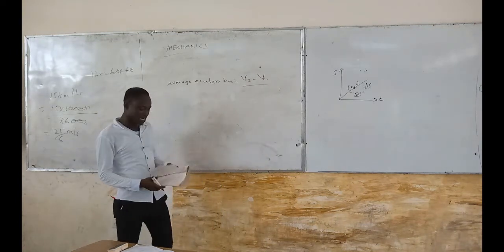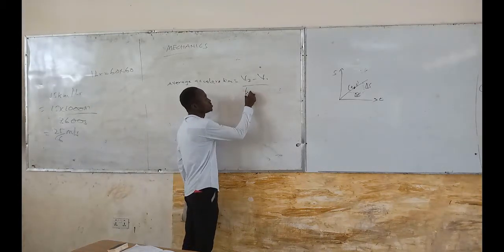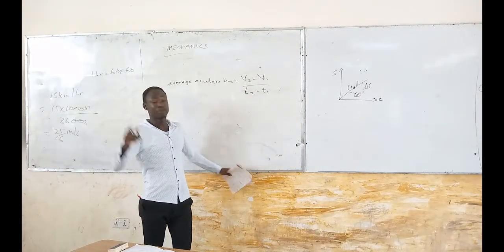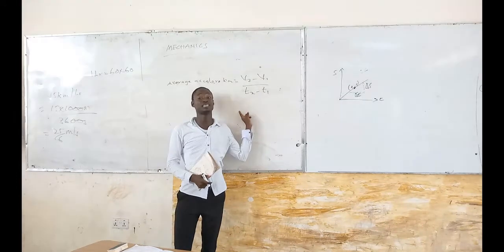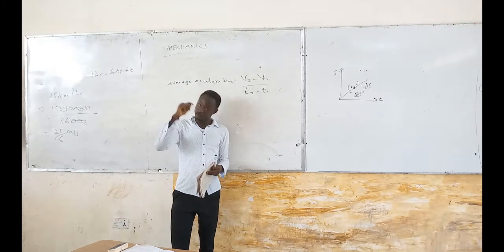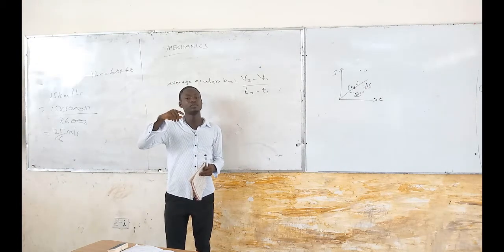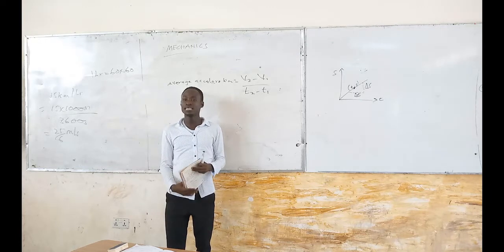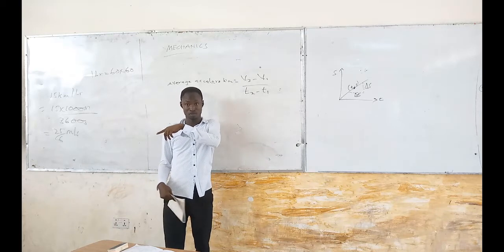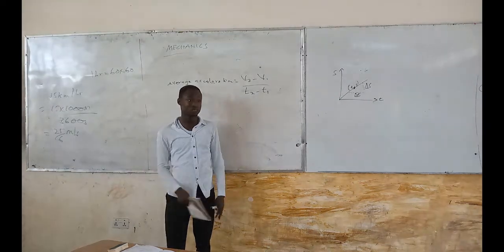But the moment we say V2 minus V1, then what will happen to our time? T what? It doesn't mean that when we interchange the positions, you get the same. But if your V1 is the same, your T1 has to be that. That's why we need the formula Y2 minus Y1. If it is Y1 minus Y2 out of X1 minus X2, you get the same result. So never change. Just make sure your V2 is consistent with your T2. Please, are we through? Wherever you place them, you get the same result. Right?